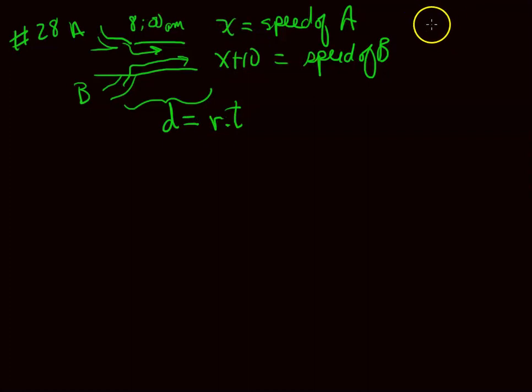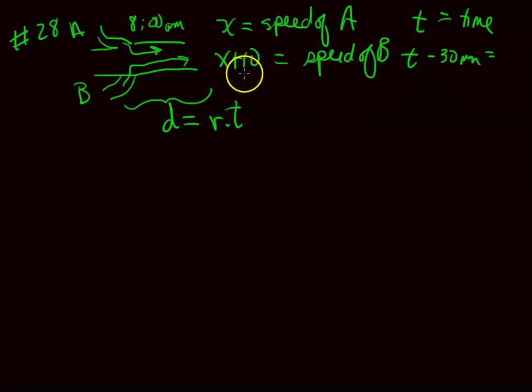What about the times? If we call this time t for A, then for B, this is t minus 30 minutes, right? But remember, we have to do this time in hours.